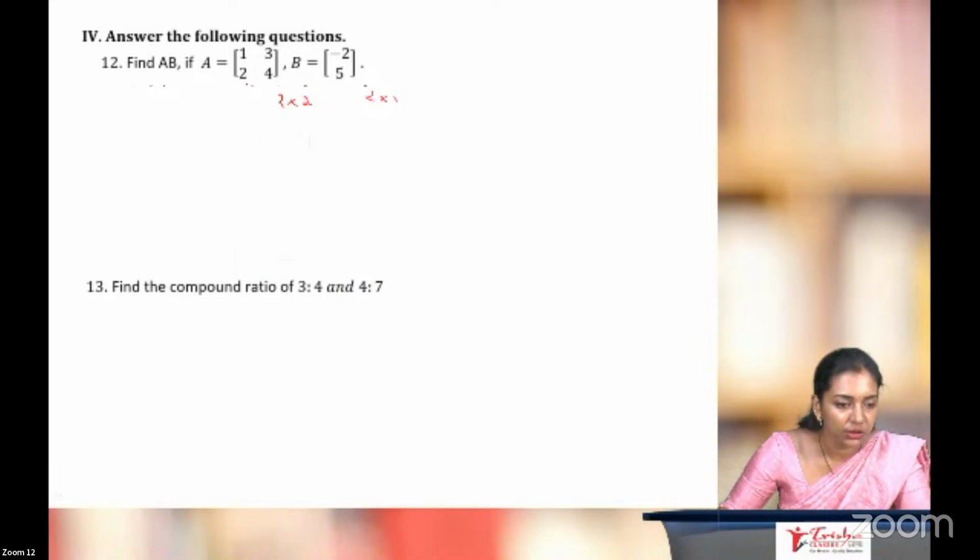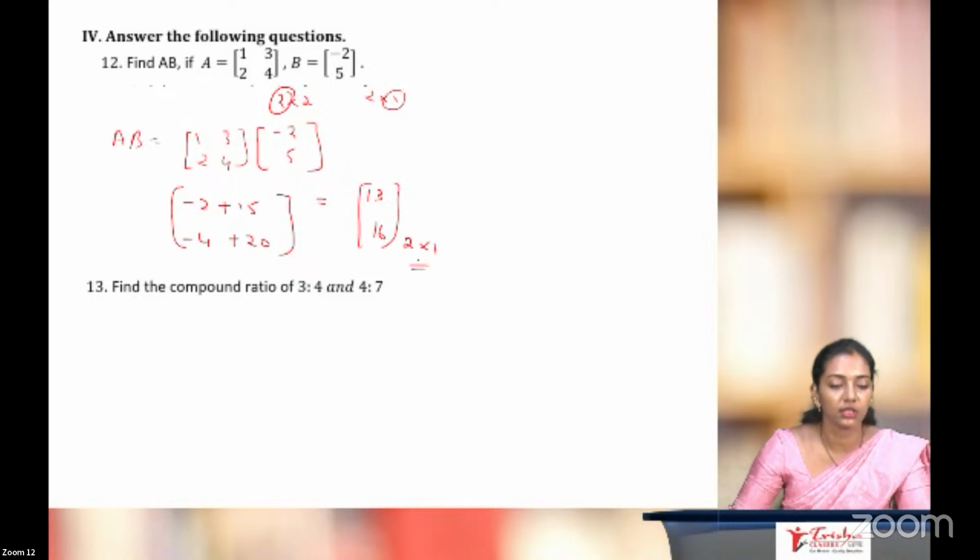So first row with the first column, you will ultimately have a 2 rows, 1 column matrix, AB. Be very careful. Sometimes they will give 1 row and 1 column to multiply. So like that questions will be asked. Please concentrate on such questions where you have little confusion.